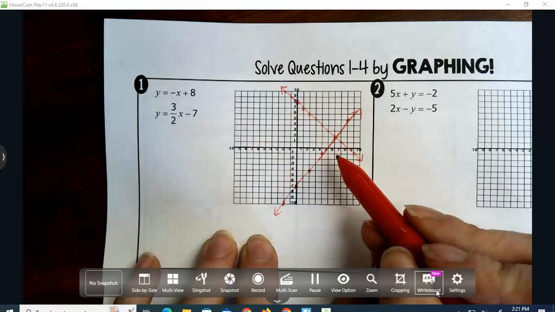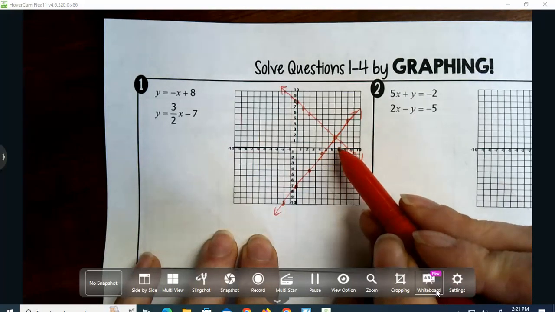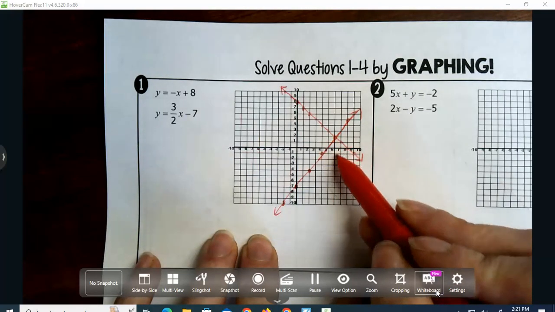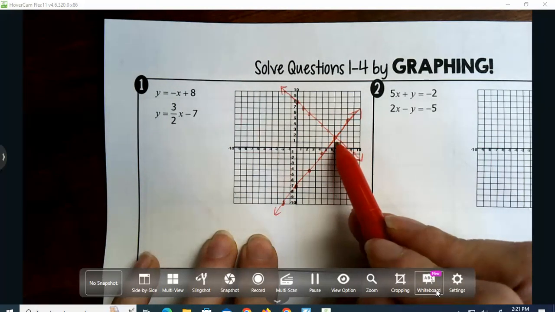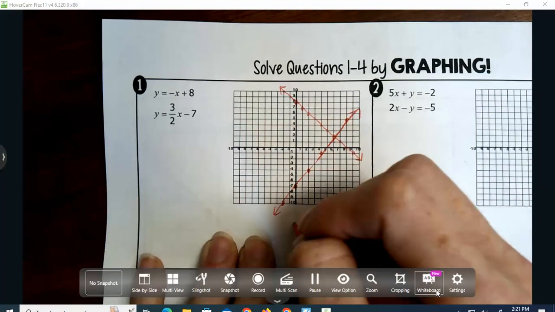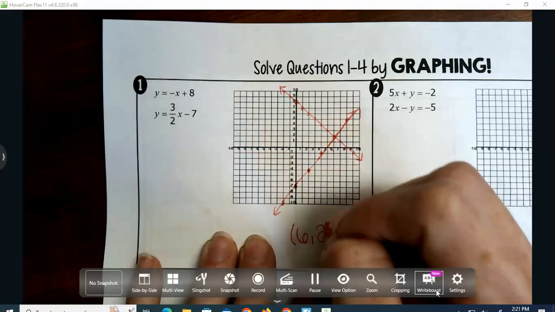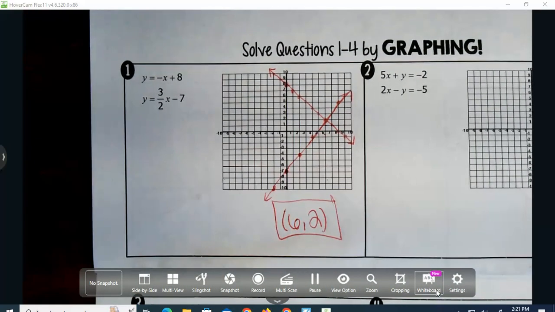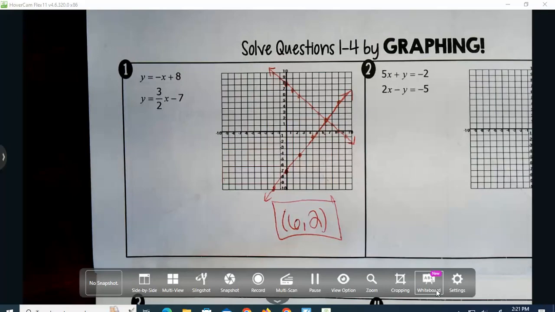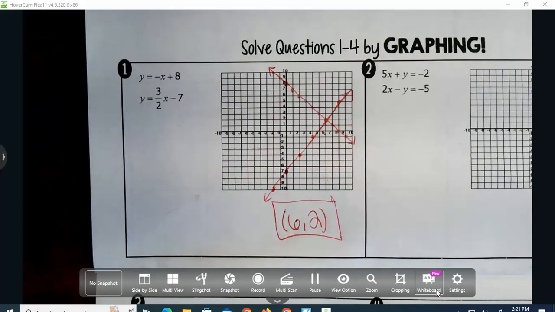So what's my intersection? I think it's a 6, 2. So graphing is probably the least preferred method because your graphs have to be perfect for it to work. But it will get us there. Is that one okay? Right.